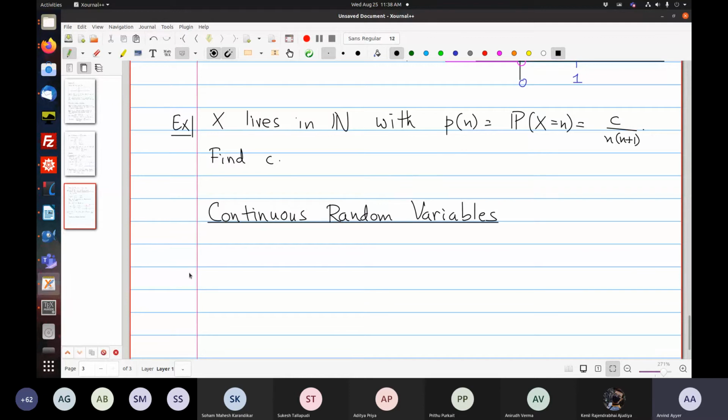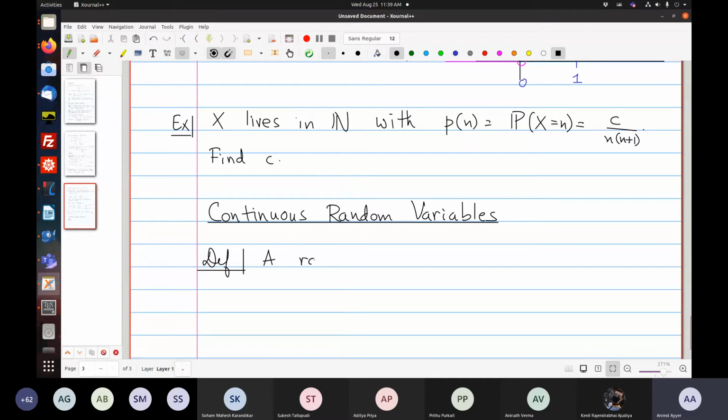I gave you some examples of that also, but let me first define what it means to be a continuous random variable, and then I will explain what's going on.